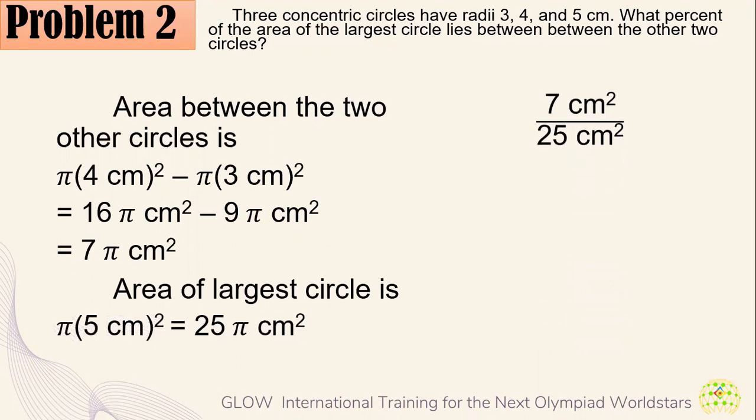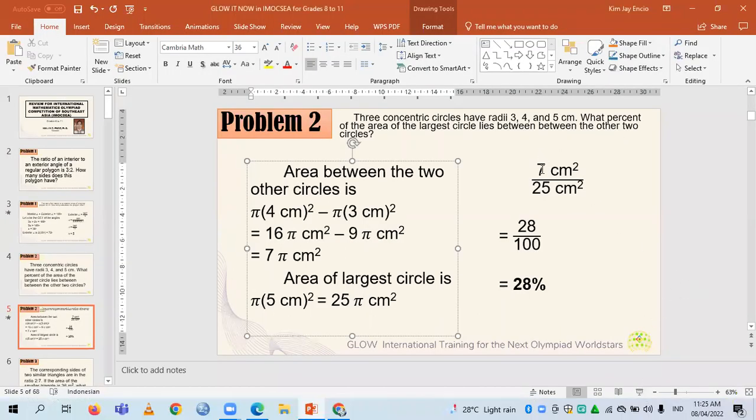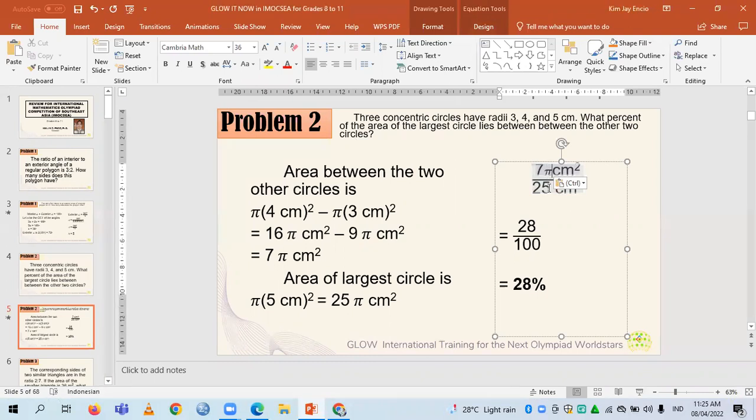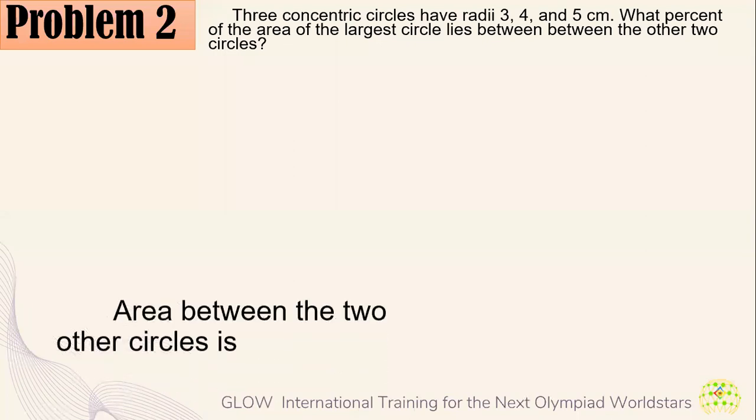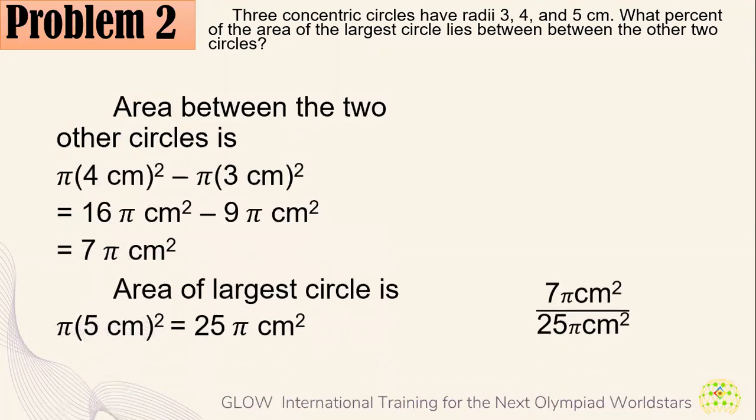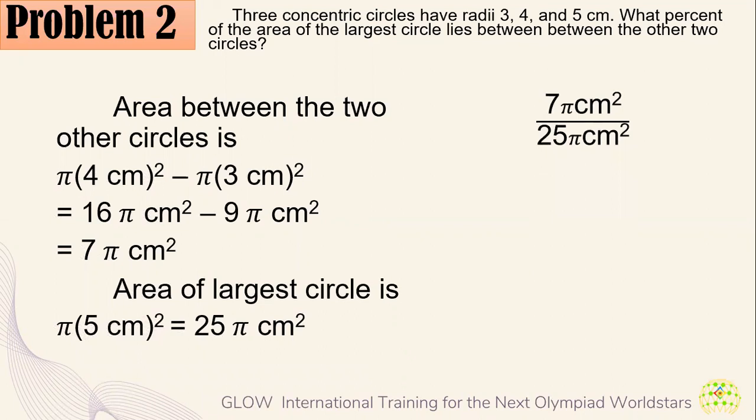Hence, we have 7 pi cm squared all over 25 pi cm squared. We could see here that pi and cm squared are common factors, so we could divide them and become 1. And so you have 7 over 25. Multiplying both numerator and denominator of 7 over 25 by 4, you will arrive at 28 over 100. And in this case, 28%.